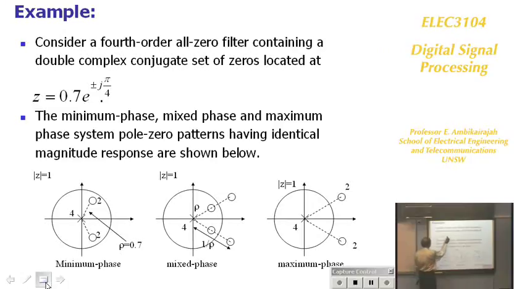Here I have a 4th order filter. It contains zeros. So I plot the zeros, and I have 2 zeros here, 2 zeros here. They are complex conjugates. And this distance is 0.7. What I do then is I take one of the zeros outside and reflect it.